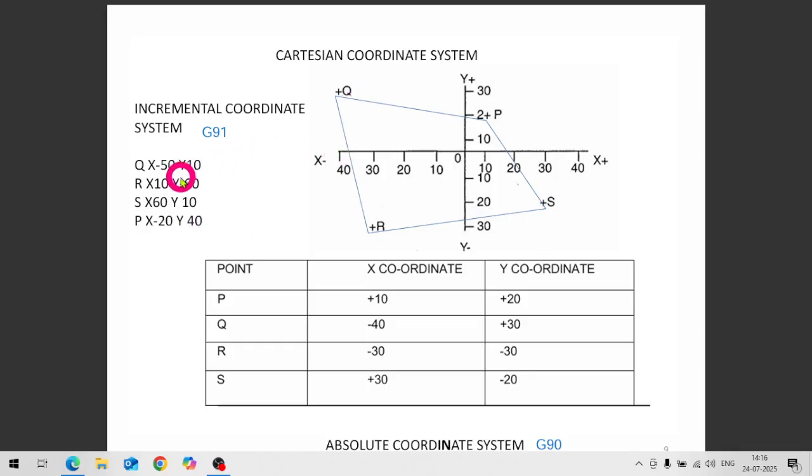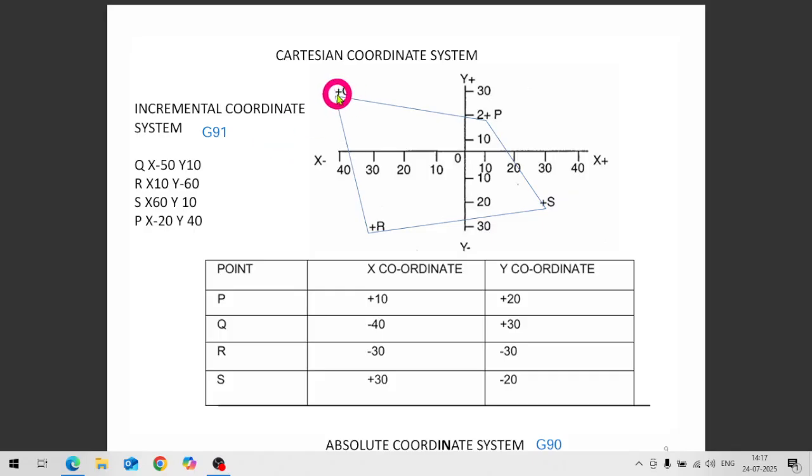Then we come to the next point R. For the incremental coordinate system, now Q will be the origin. If I take this X0, Y0, what will happen? From Q in the X axis, how much is the distance? It is at 30 and it is at 40, in the plus direction, this is 10. So X will be 10.